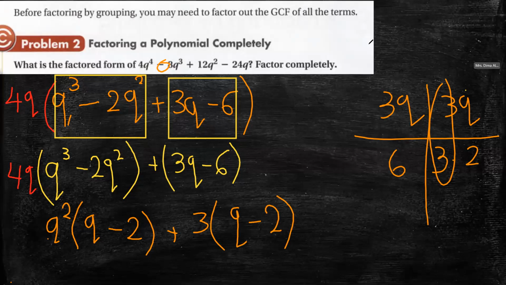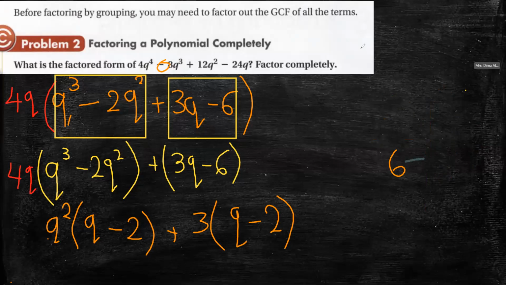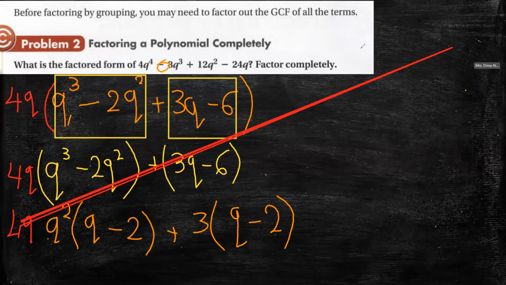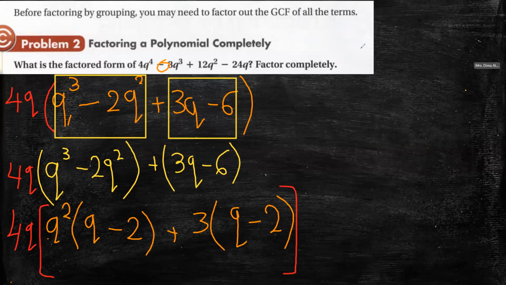Let's clear this here. Okay. Then after that, what I forgot to write, 4q. Oops. Then after that, let's take q minus 2 as a common factor.